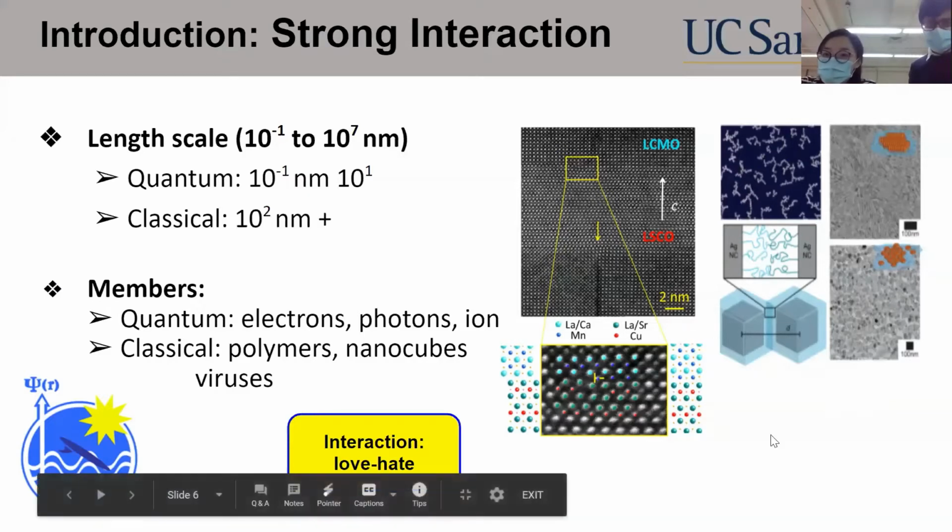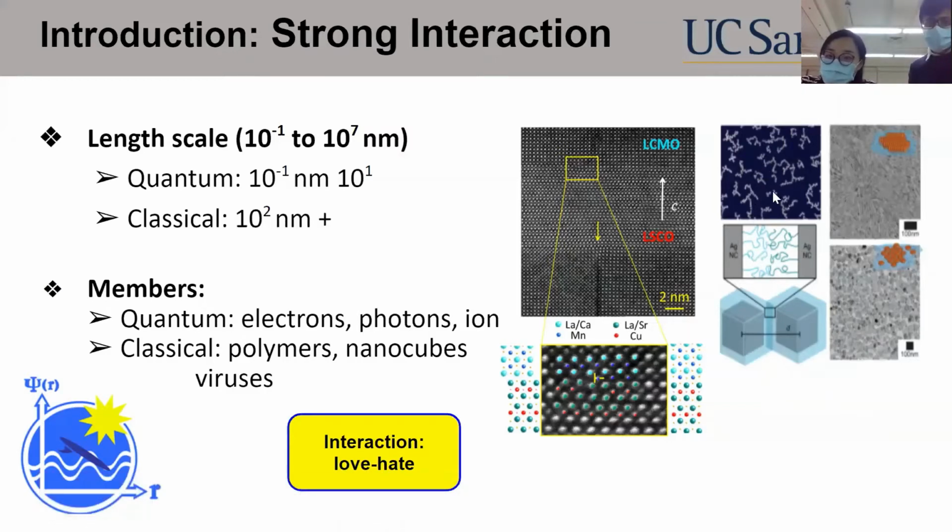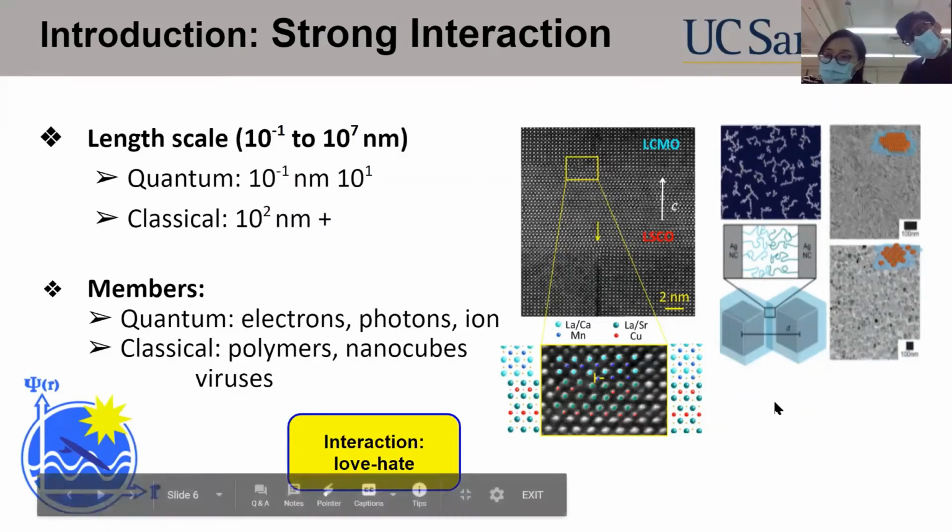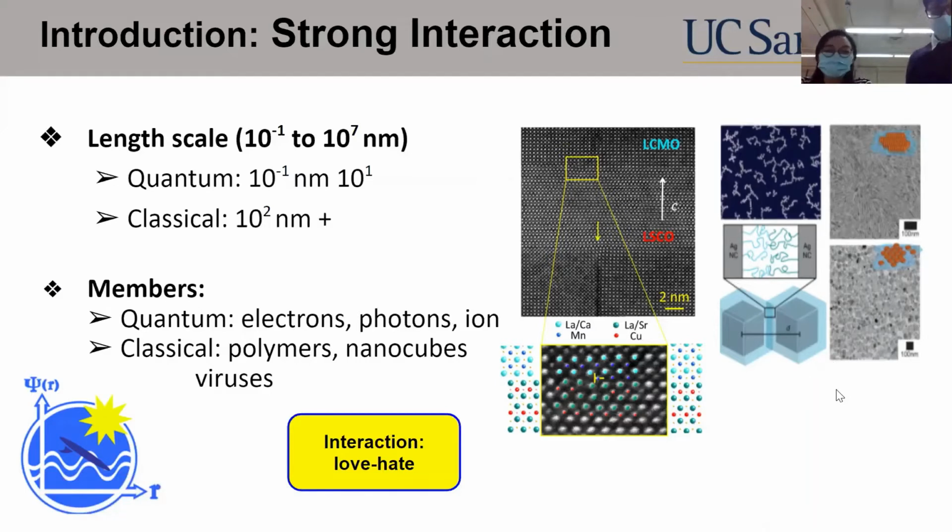These silver nanocubes self-assemble together to form a one-dimensional string. This is what we are currently interested in. We want to figure out what exactly those interactions are, how these polymers interact together to form a one-dimensional string. And that's what we are currently doing.